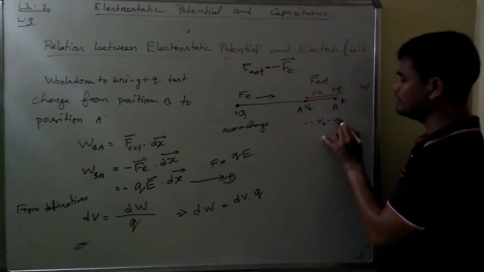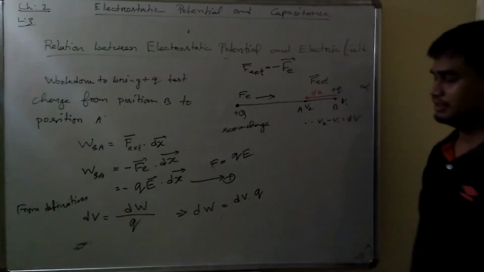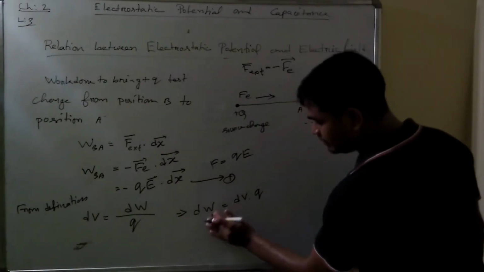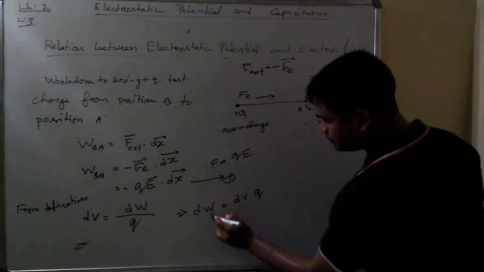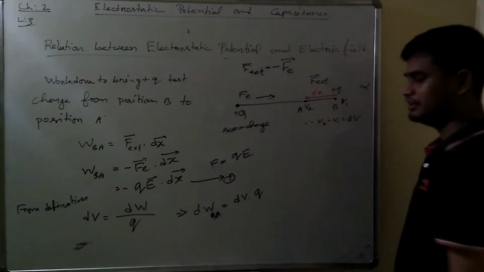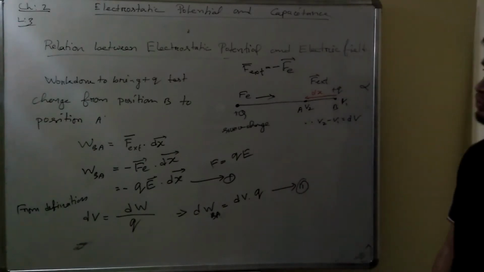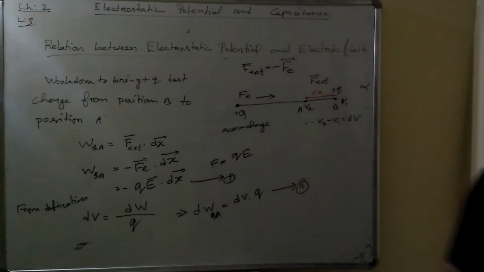Therefore, V2 minus V1 is equal to dV, the difference of potential. So dW from B to A is equal to dV into Q. This is equation number 2. Clear?